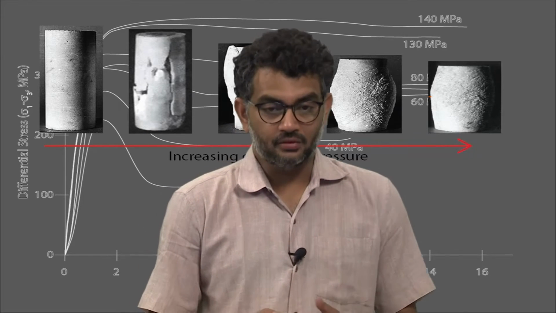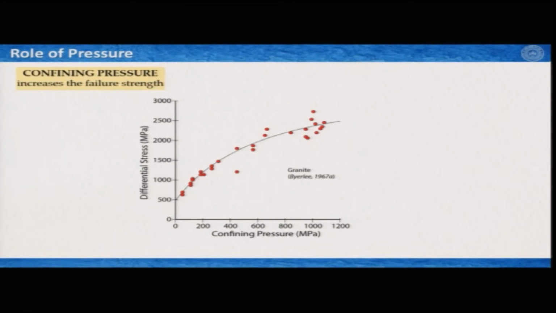Now, we can see it in a different way. So, this is another experiment on granite performed by Byerlee. On this side again we have differential stress and on this side we have confining pressure, and we see that the strength of the rocks increased gradually, and in this case these were performed at different experimental conditions, maximum close to 1000 megapascals, and lower, up to maybe 40 or 60 megapascals.